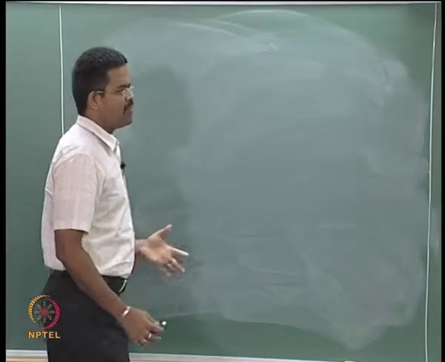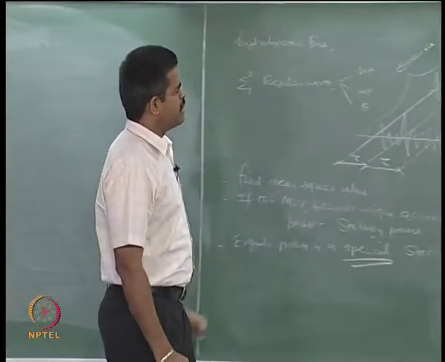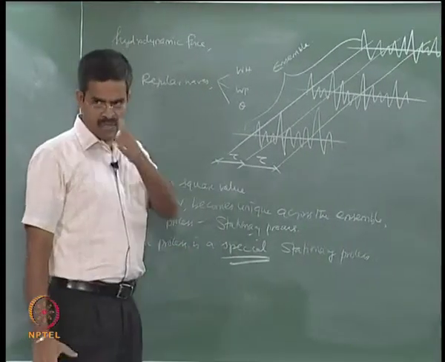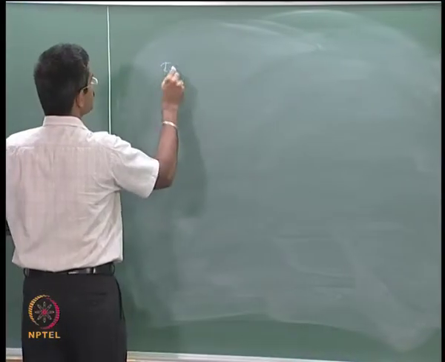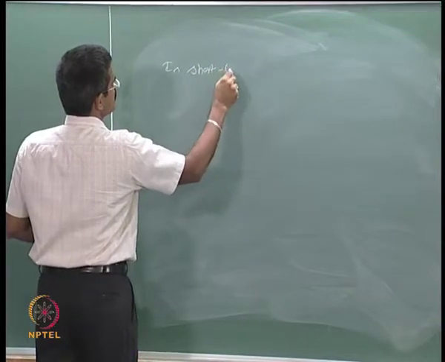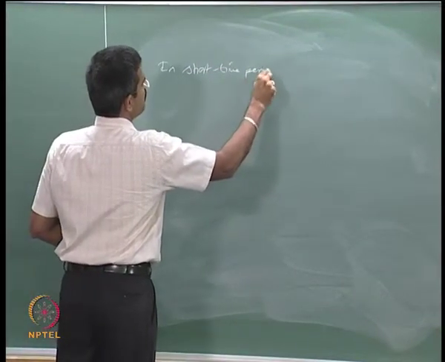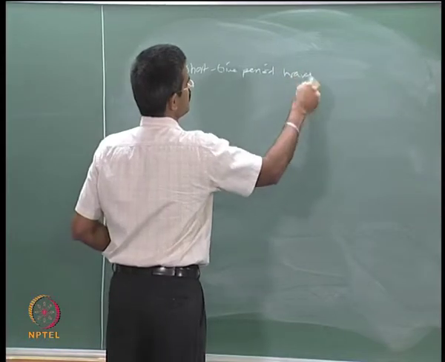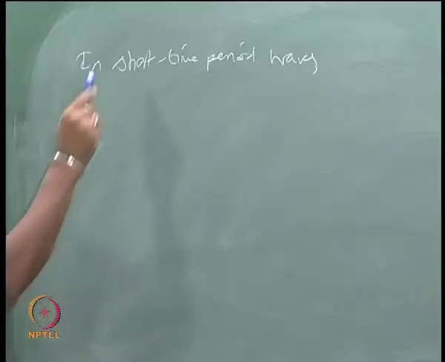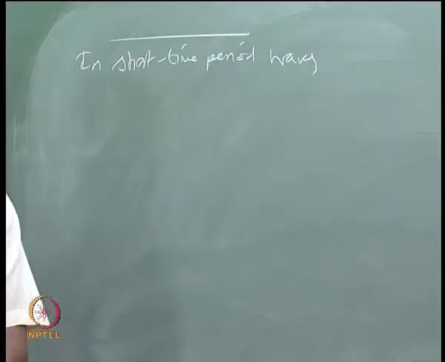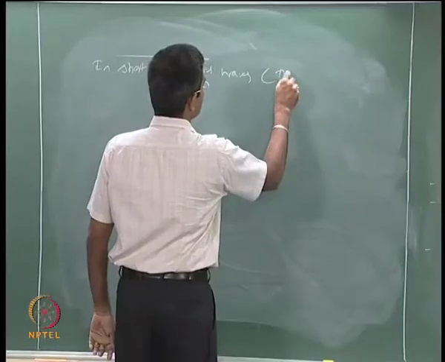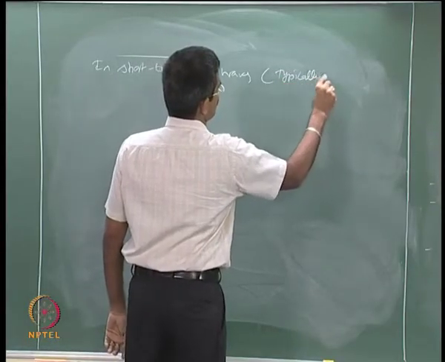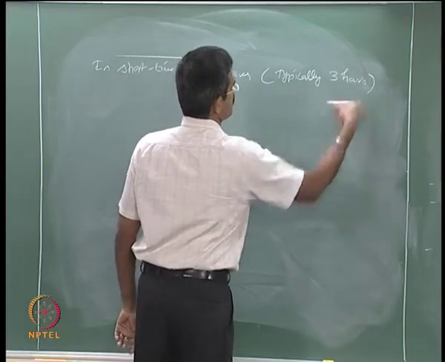Now the question comes, why are we interested in identifying a single ergodic process or a single sample? Because in short time period waves, the moment I say short time period, then I should define the period. It is typically 3 hours.